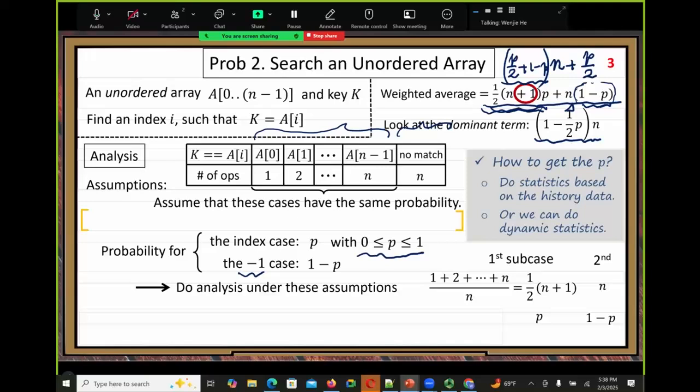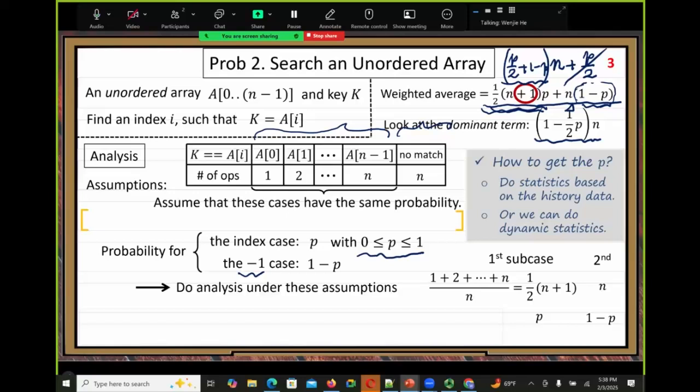So here, let me do one approximation. I only take the first term. I ignore the second term, P over 2, because it is very small. P is between 0 and 1, so P over 2 is a number between 0 and 1/2.